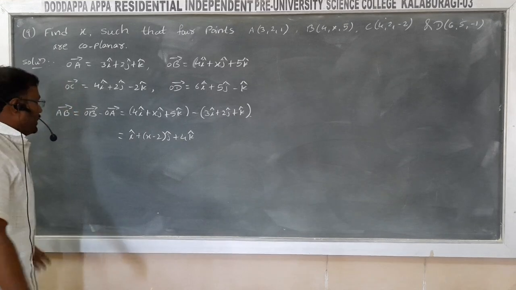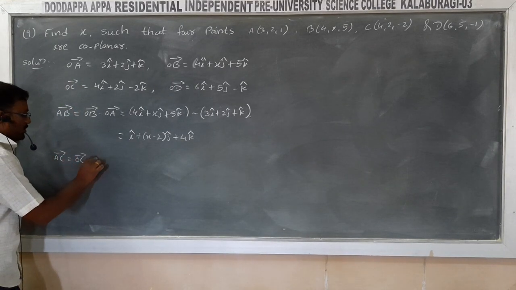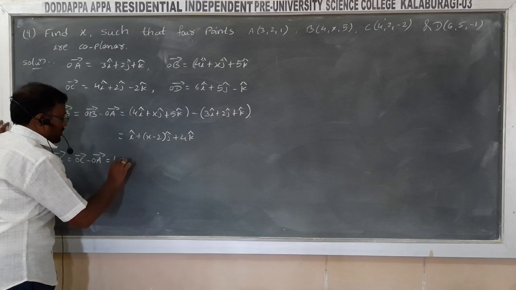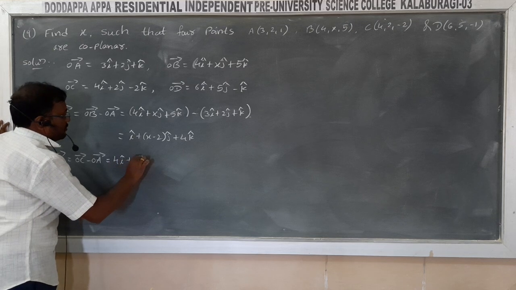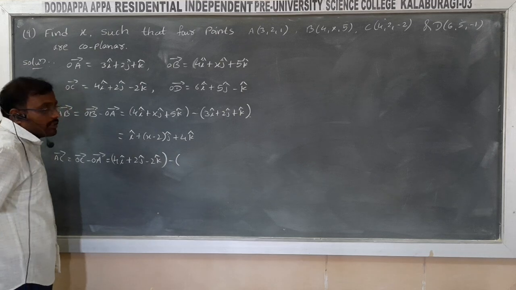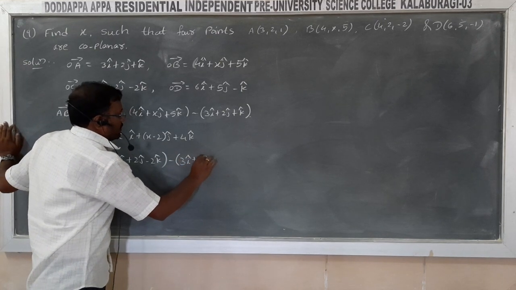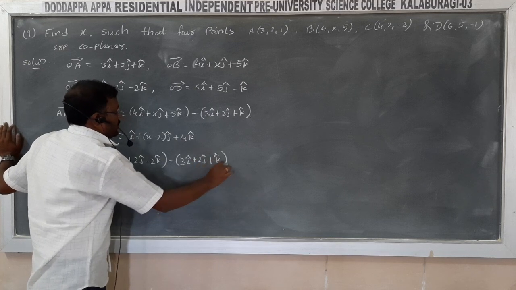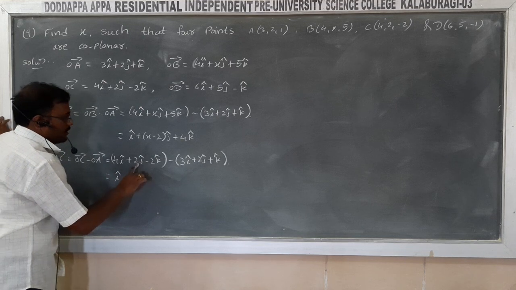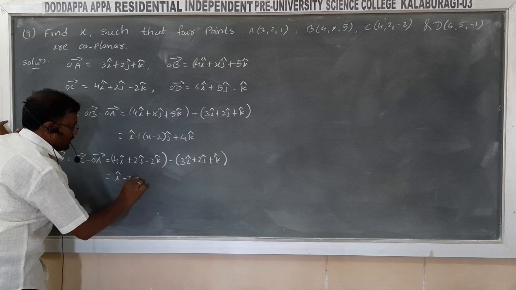Next, similarly, we can find the AC vector. That is OC minus OA vector. OC vector is 4i plus 2j minus 2k minus OA vector, 3i plus 2j plus k. 4i minus 3i is i, 2j minus 2j is 0, minus 2k minus k is minus 3k.